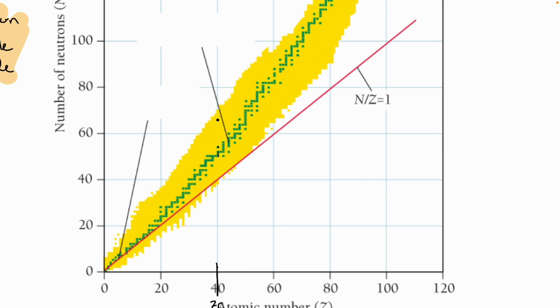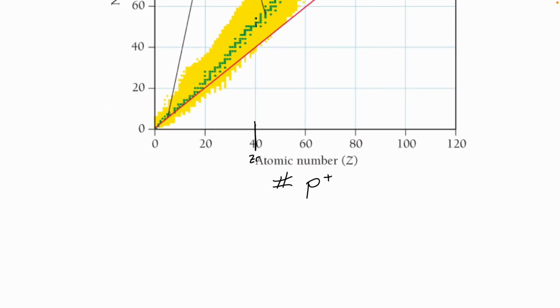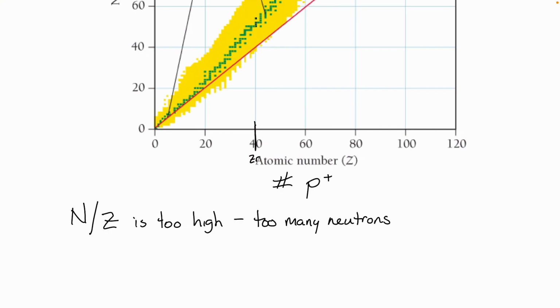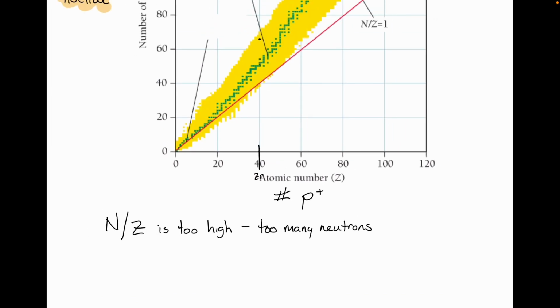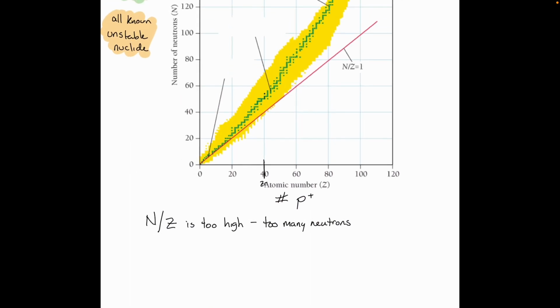Okay? So, if the number of neutrons divided by the number of protons is too high, that means we have too many neutrons. All right, that means that you're in this region of the curve here.